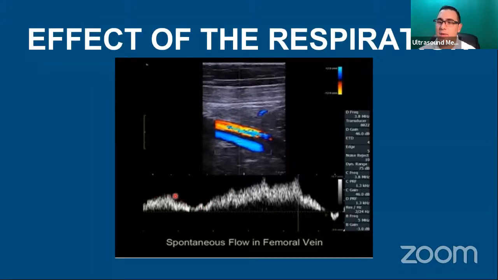I know that this part is when the flow is decreasing. So maybe at this time the patient is in inspiration, because the venous return is decreasing, and this one is in expiration. So it makes sense: inspiration in here, expiration in here.